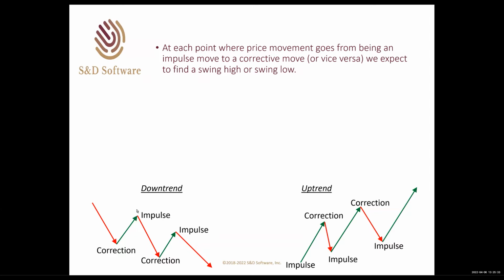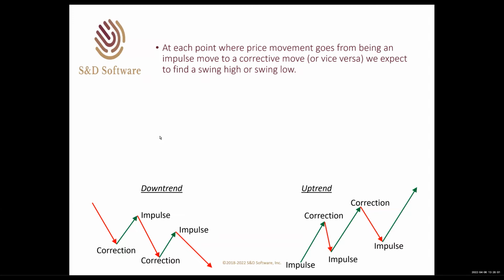And essentially then that will become a definition for where an impulse move or a corrective move would start and end. And we're going to use the rule of two. The rule of two is something that is quite popular within trading. It means basically that we want to see two of something occurring before we'll consider it a valid item, whatever it happens to be.